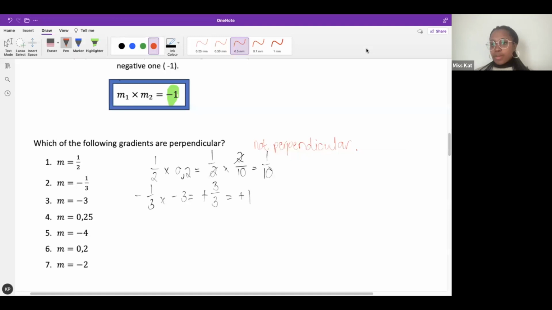Why are they not perpendicular? Thank you, Kutlano. They are not perpendicular because they are positive. Okay, so your answer has to give you -1, not +1. We were pretty close though. So then again, these are not perpendicular.